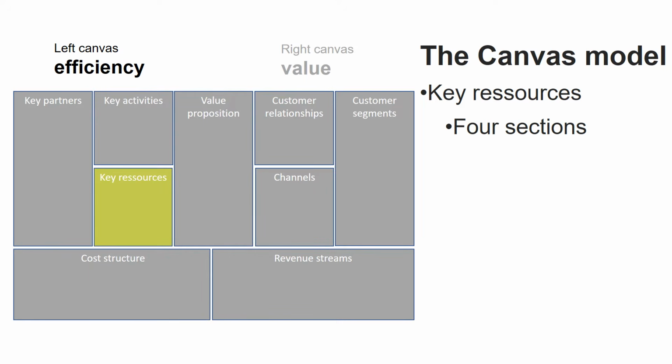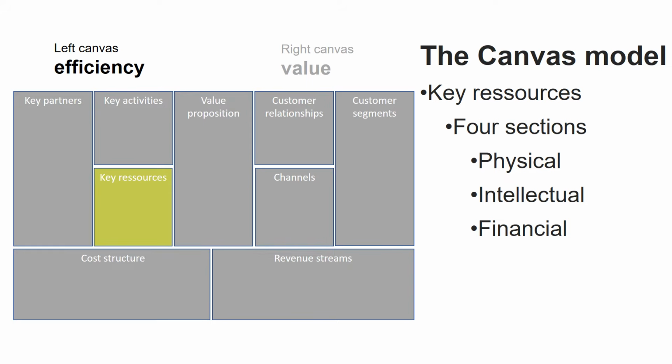Key resources are divided into 4 sections. The first section is physical resources, which includes manufacturing facilities, buildings, vehicles, machines. The second section is intellectual resources, such as brands, proprietary knowledge, patents and copyrights, partnerships, and customer databases.